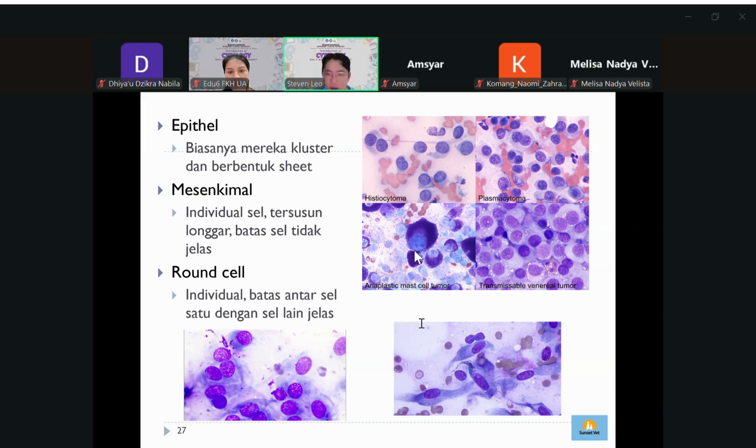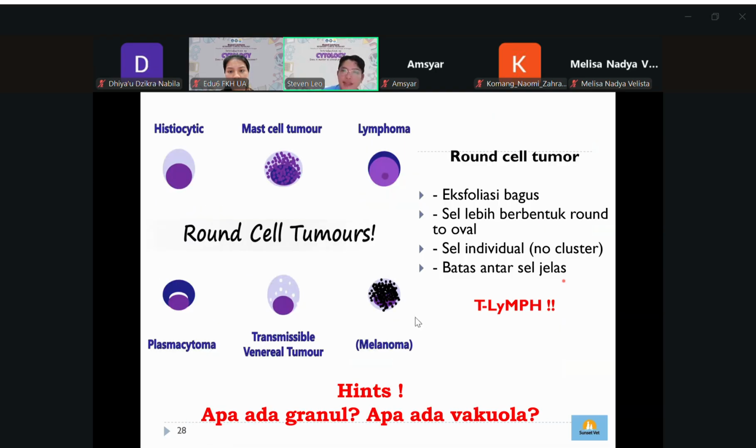And then for the round cells, you have to remember they have four types: the histiocytoma, the plasmacytoma, the mast cell, and the transmissible venereal tumor. How do we differentiate? Let's discuss. For the round cell, as you know, you're going to get the sample very easily.